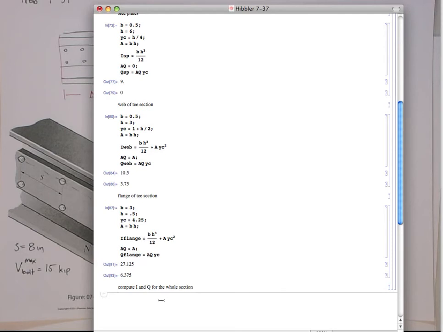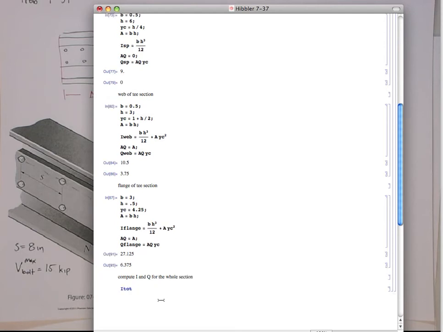So I, we have to call it like I total because I is a reserved character in Mathematica. I total is going to be 2 times the I of the side plate, because we have 2 of those, plus 2 times the I of the T. Actually, if you want to get real cute, I could do I of the T is going to be I of the web plus I of the flange.